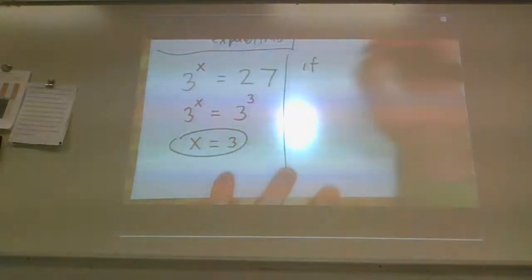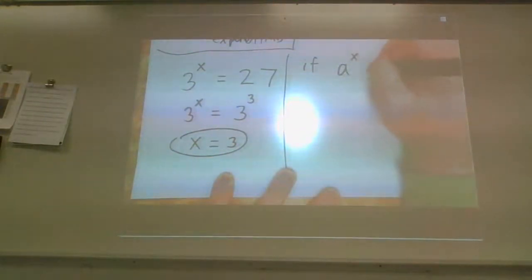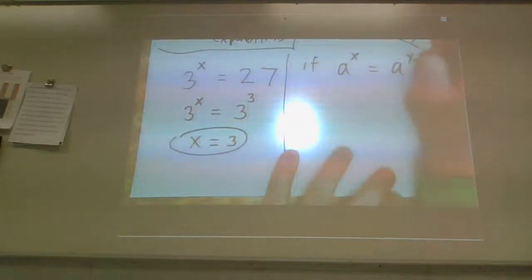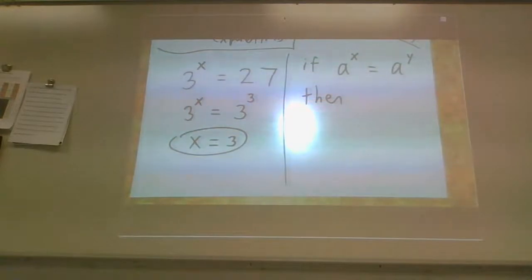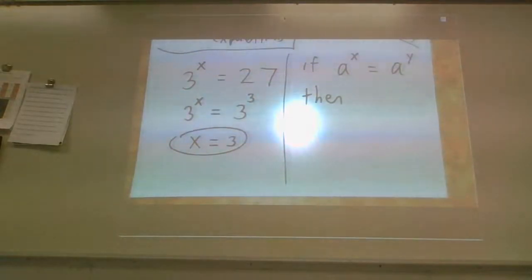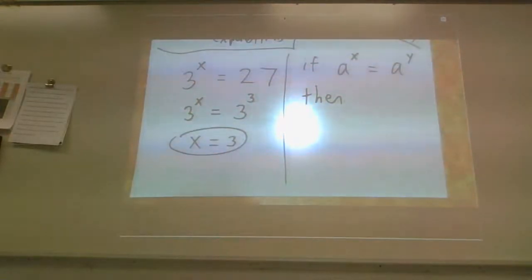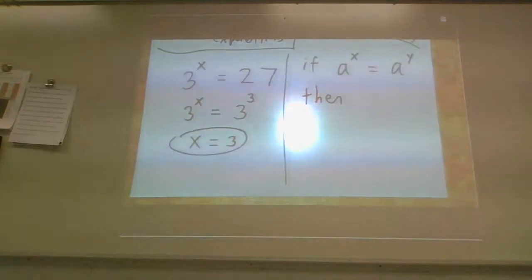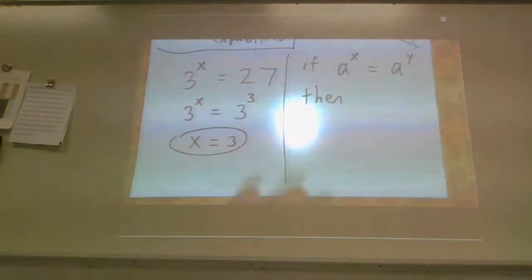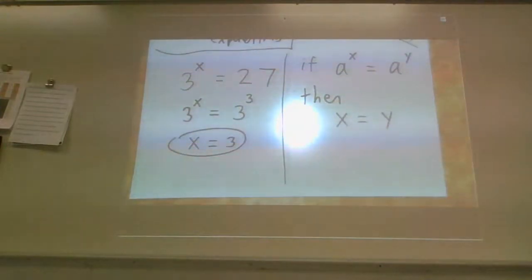If a to the x equals a to the y, then, and I'm going to pause there for a moment with the then, the idea is that if I have the same base on both sides of the equation, then I am allowed to say that the exponents are indeed equal to one another.